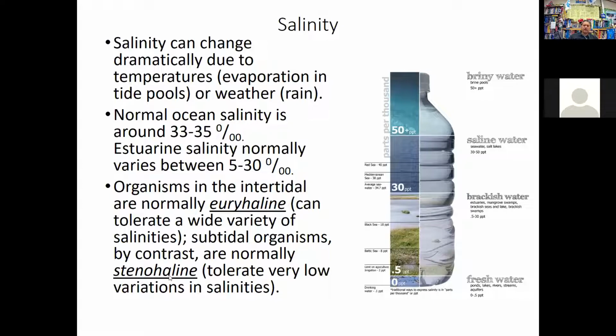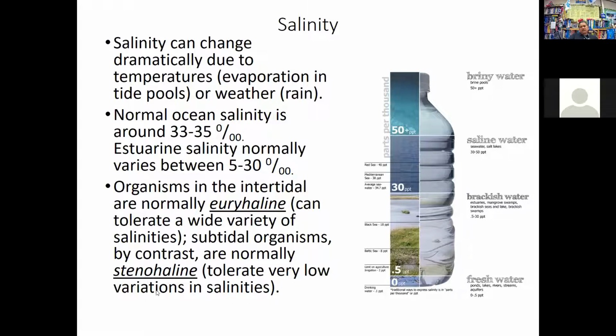But subtidal organisms are normally stenohaline. That means they don't tolerate big changes in salinity. They tolerate very low variations, and that's why they stay in the water all the time.